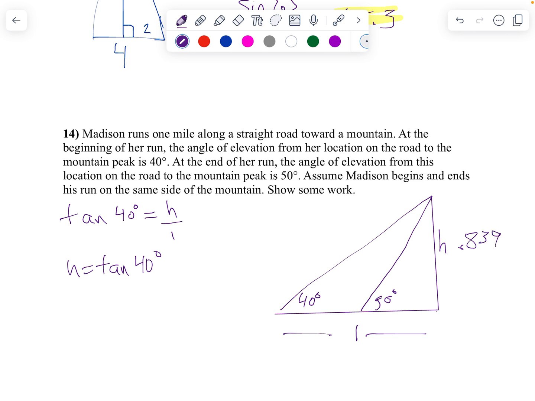What I'll do is I'll use that answer to find how far Madison is from the mountain at the end of her run. So we're going to say the tangent of 50 equals 0.839 over x. Call this length x.